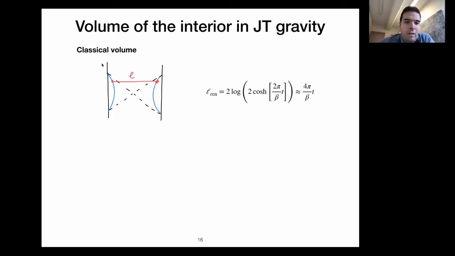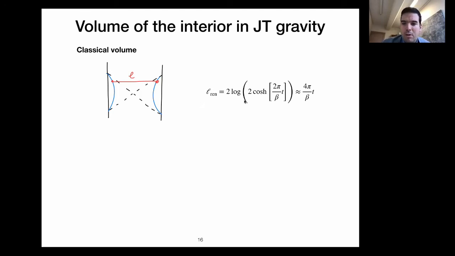So here's again how a classical black hole solution looks like in JT gravity. So how does the classical volume work? It's very simple in this case because it's just a geodesic, because we're in 2D. So in this case, that's just a straight line in this global AdS2 that goes between the cutoff surfaces.